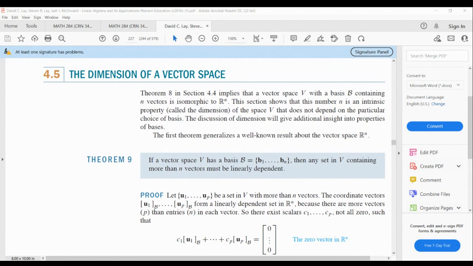For example, figure 3 in section 4.4 shows unit cells, and the vectors that form the perimeter of the unit cells are more convenient than perhaps standard basis vectors. So there's all kinds of wonderful things that you've been learning in chapter 4.